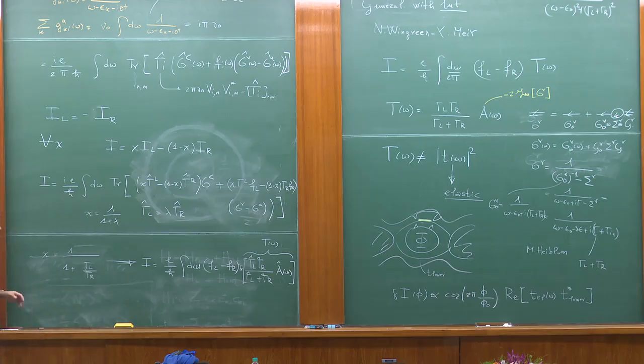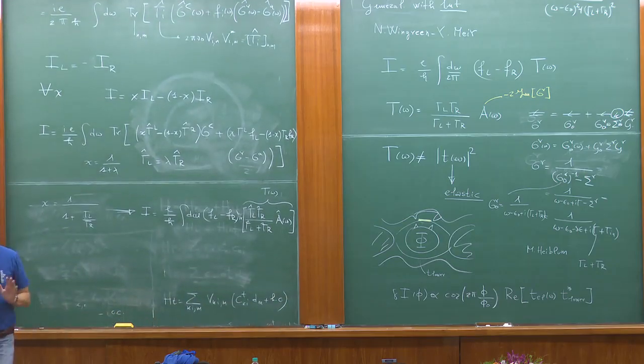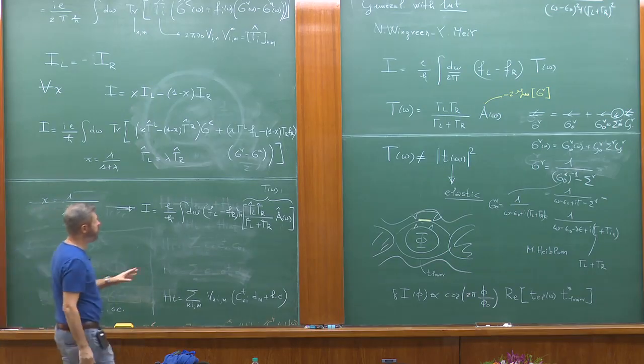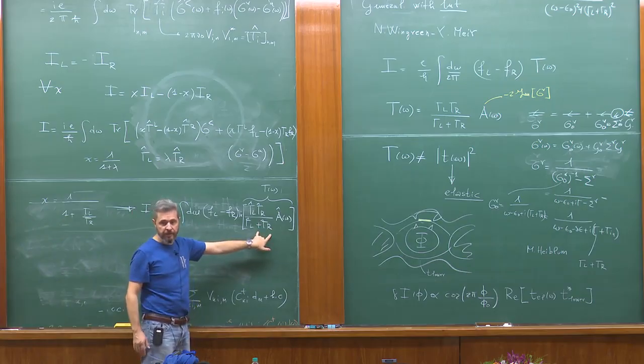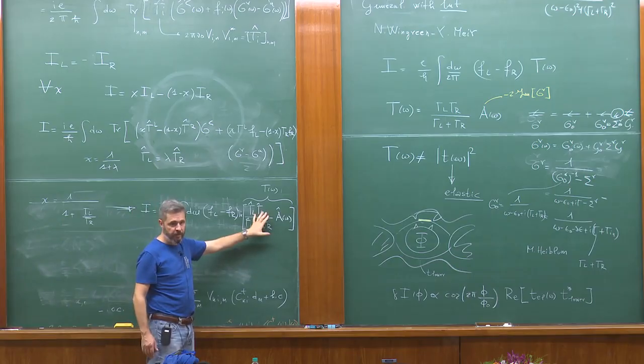Right, so the bottom line is that in almost all relevant situations, we can derive, using this Keldysh technique, a Landauer-type formula for scattering that involves the total transmission probability, as I wrote it here.